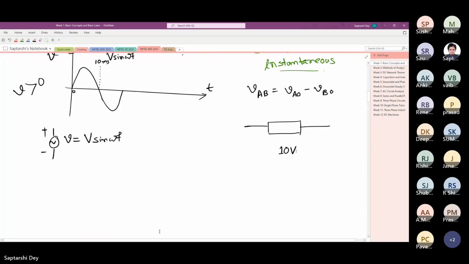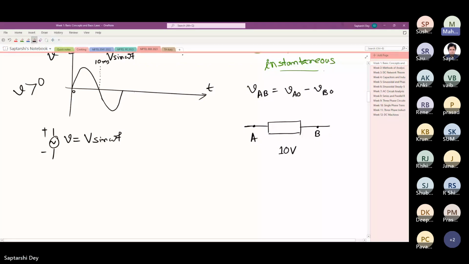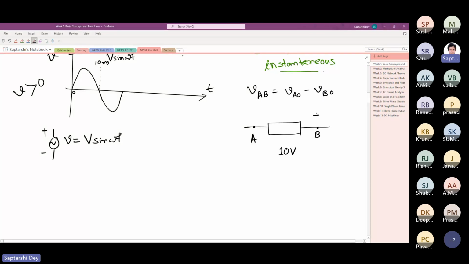No. Then what else do we have to mention? We need the potential, where we have positive potential, where we have negative. That means with respect to which point you have measured the voltage. Is it A with respect to B, or B with respect to A? A with respect to B, and we can measure B with respect to A also. Just the polarity will differ. That's it. So if I draw it like this, we can say that B is at higher potential than A.